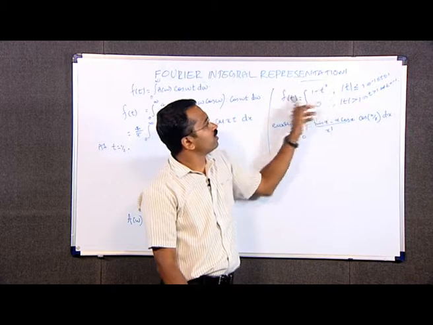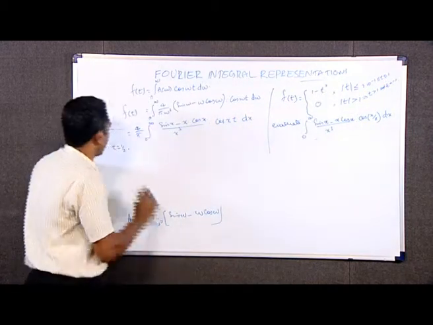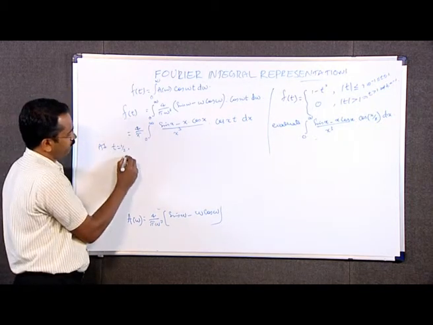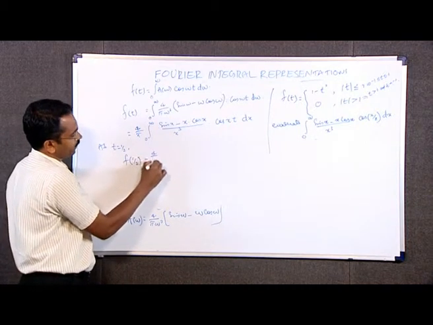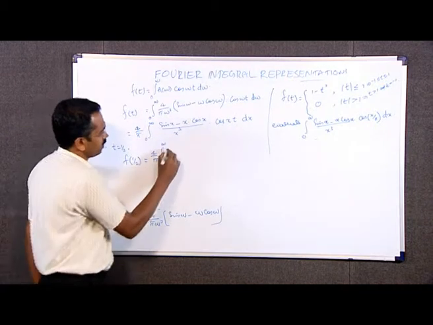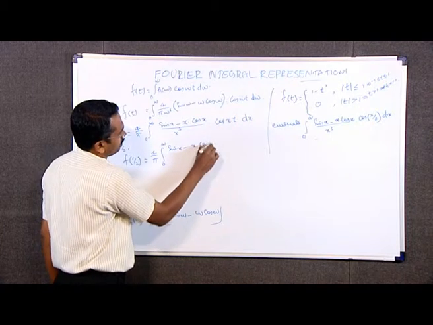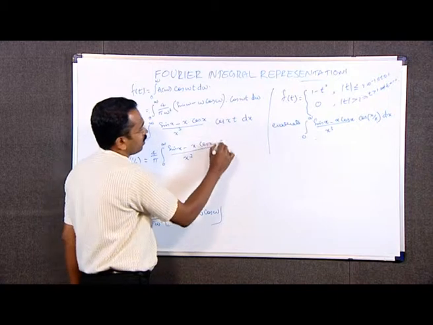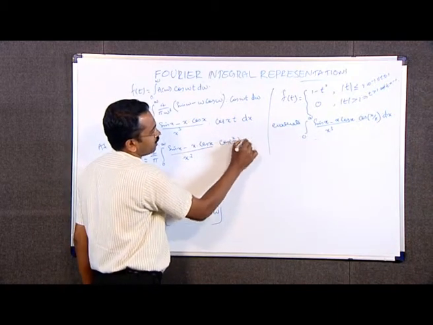Therefore, t equal to 1 by 2 is a point of continuity. We can evaluate at t equal to 1 by 2: f of 1 by 2 is equal to 4 by pi into the integral from 0 to infinity of (sin x minus x cos x) divided by x cube into cos x by 2 dx.